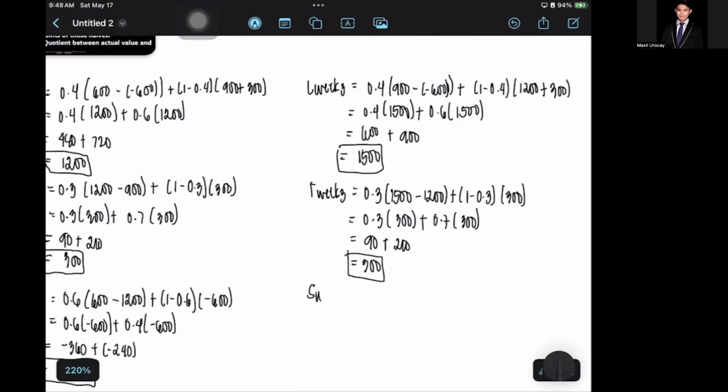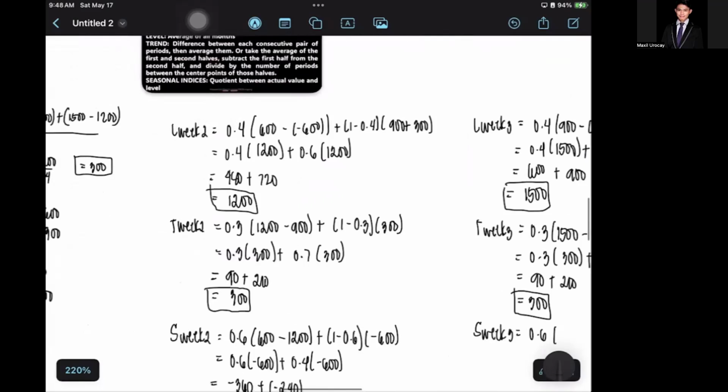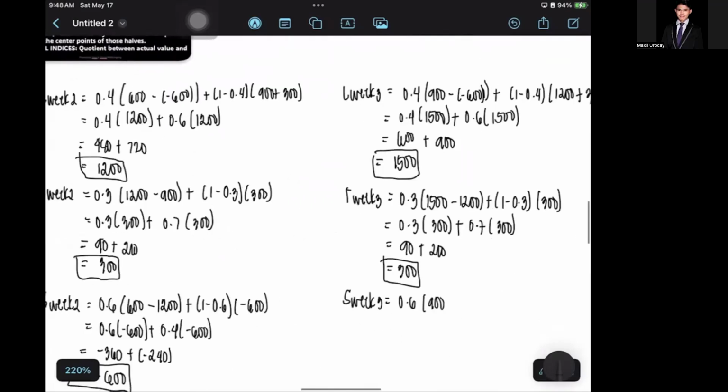Then seasonality for week 3, given that your gamma is 0.6, then the current data set for week 3, that is 900, minus the current level, which is 1,500. And then plus the parameter, times the previous seasonality.